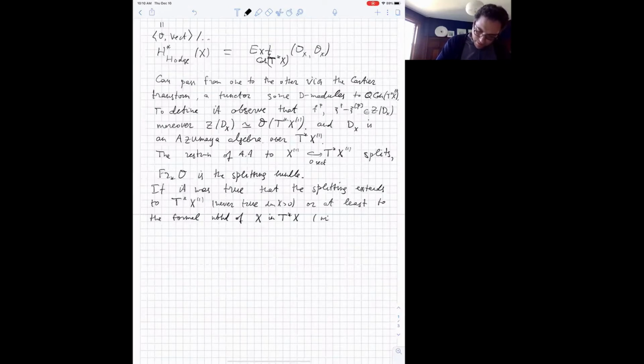This will be the case in our examples, but probably this is quite rare. And in fact, it would be nice to have a more complete understanding of when this happens.